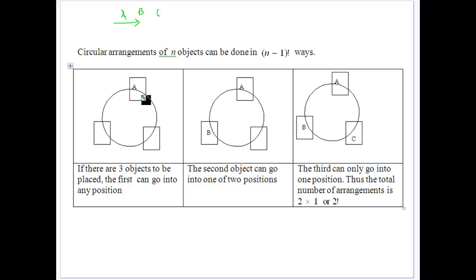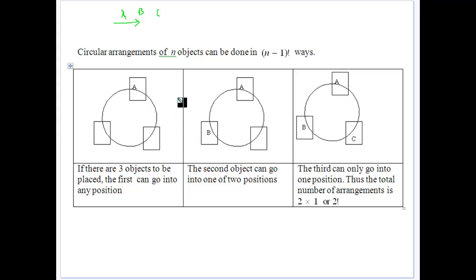You might want to say, well, A could have been in any spot. But then that could just be rotated around and become exactly the same spot. And then for the third spot, there's only one place for C to be placed into.